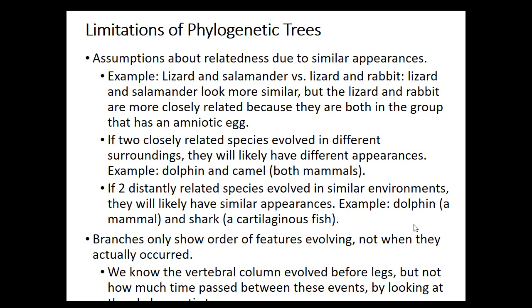If two distantly related species evolved in similar environments, they will likely have similar appearances. Example, a dolphin and a shark. So this is like the opposite case. A dolphin and a shark, one's a mammal and one's a fish, so they're not closely related, but they both evolved in the same environment. And so they kind of look alike. They have that streamlined shape.